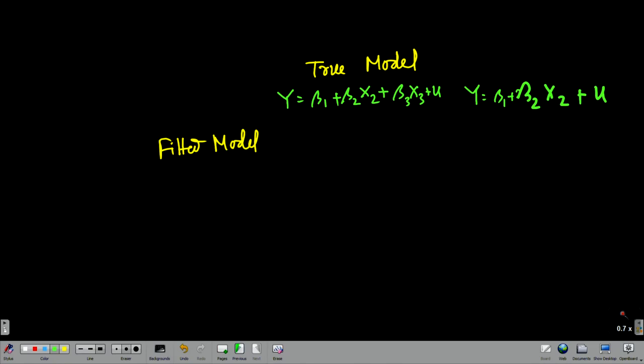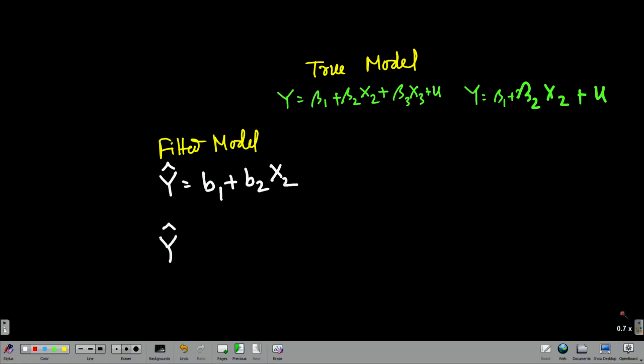Let's say I have fitted a model, and let me use a different color for the fitted model. Since I am estimating, I write b instead of beta. So y is equal to b1 plus b2 x2, and I don't have an error term here.